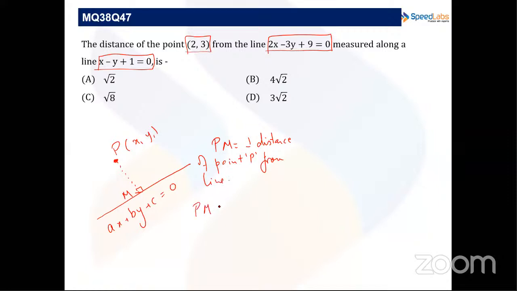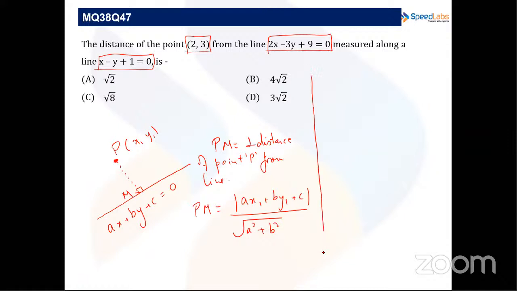We can find the value of PM by using the simple formula: mod of (ax1 plus by1 plus c) upon the root of a square plus b square. This formula is used only when we have the perpendicular distance.